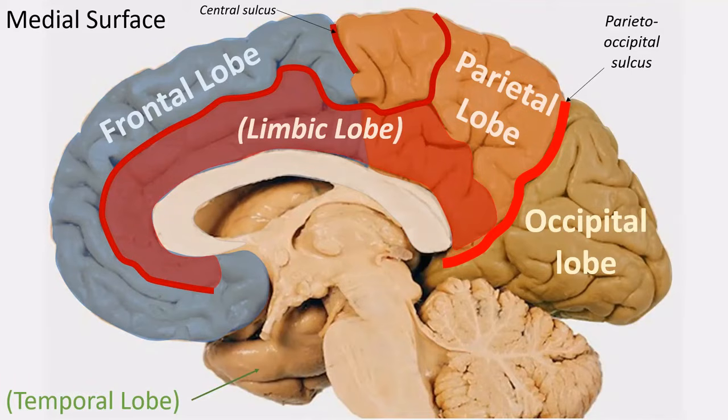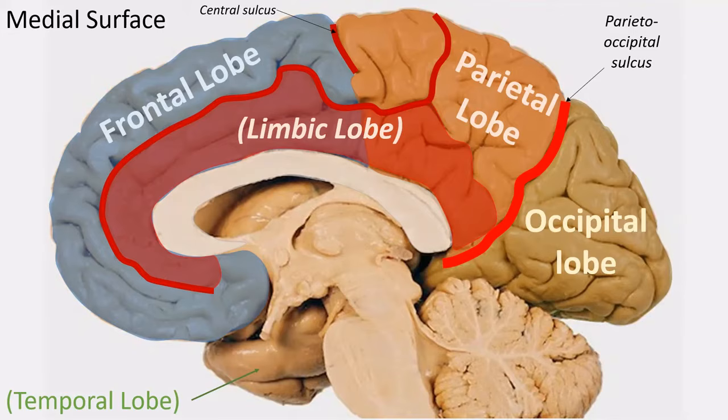Now, I have to be careful what I'm saying here. Some authors consider it a sixth lobe, others say that is just part of the frontal and parietal lobe. Whatever, let's consider it a sixth lobe for the sake of this presentation. That is the limbic lobe. And what is the limbic lobe?